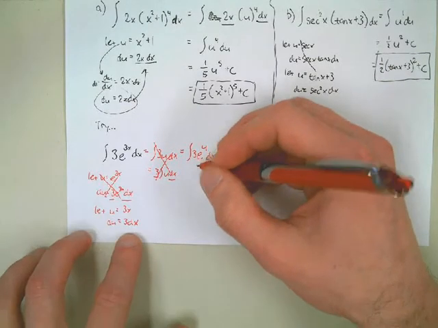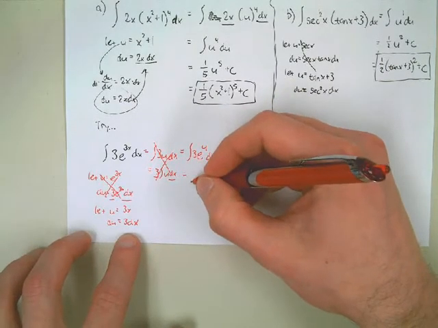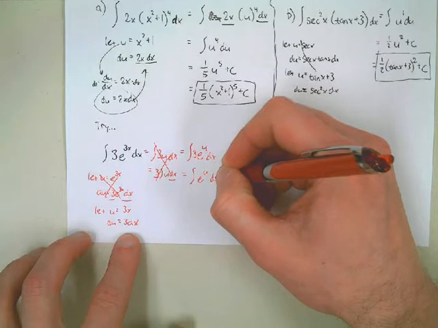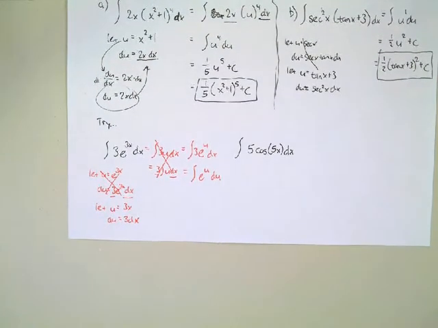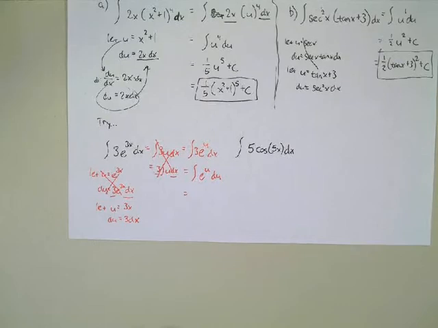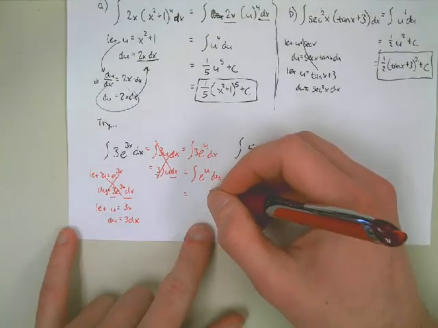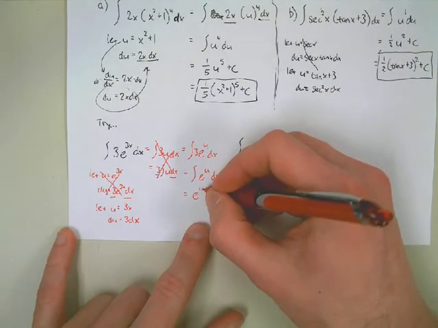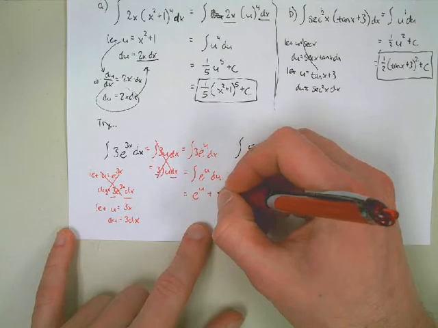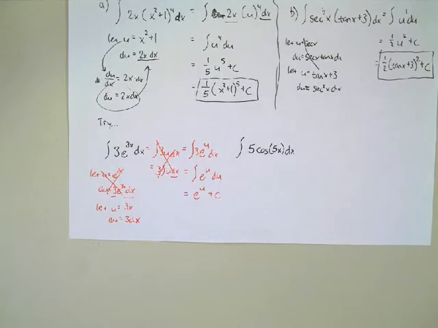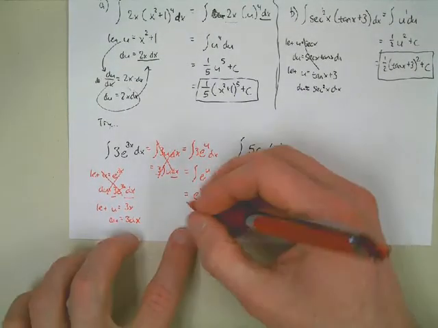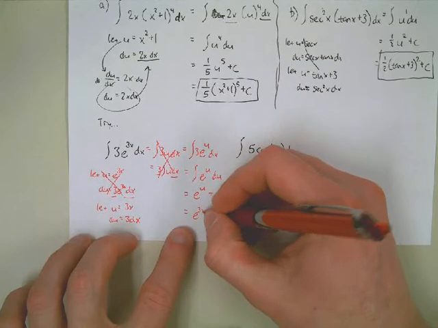It's the integral of e to the u du. And what's the integral of e to the u with respect to u? e to the u plus c. Not times u prime, just plus c. Okay? And then we plug in the u, and there it is, e to the 3x plus c.